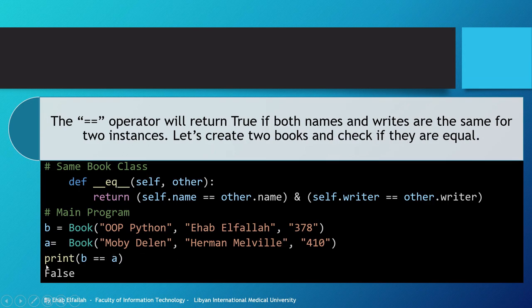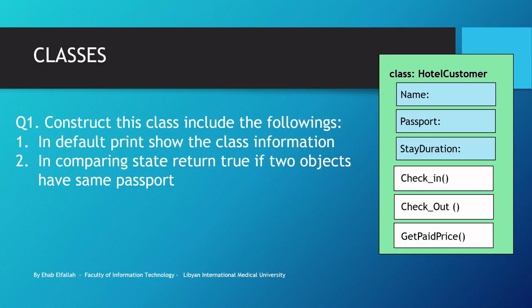Here we can print B equal to A. This operator will by default call the method EQ, and it will return true if both name and writer are the same. Here the name and writer are not the same, so it will return false. This is the fourth special method.